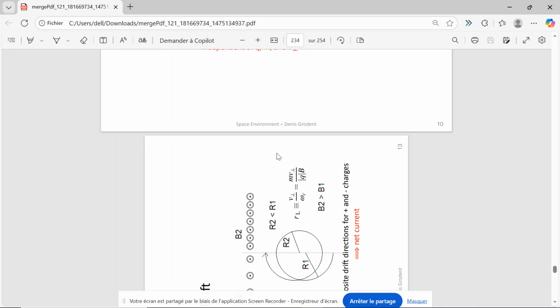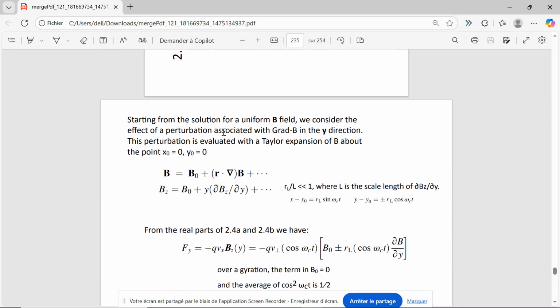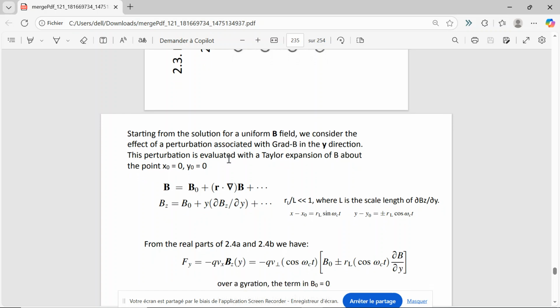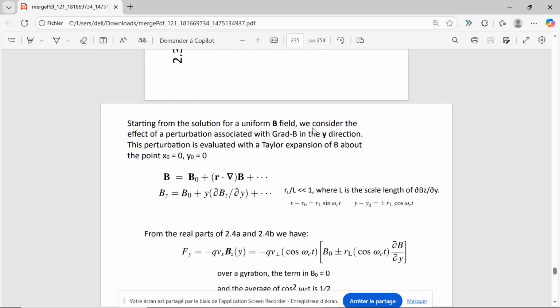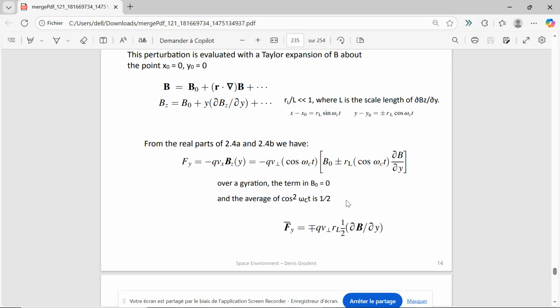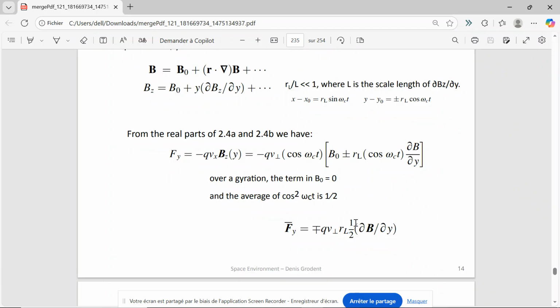Starting from the solution for a uniform magnetic field, we consider the effect of a perturbation associated with a gradient in the y direction. The perturbation is evaluated with a Taylor series expansion, so we can quantify it. This is the force induced in the y direction when we have a gradient of magnetic field in the y direction itself.